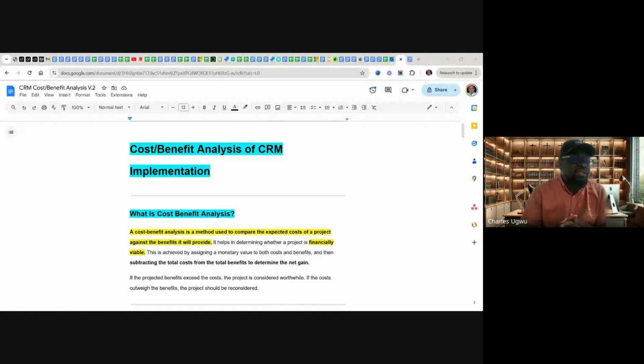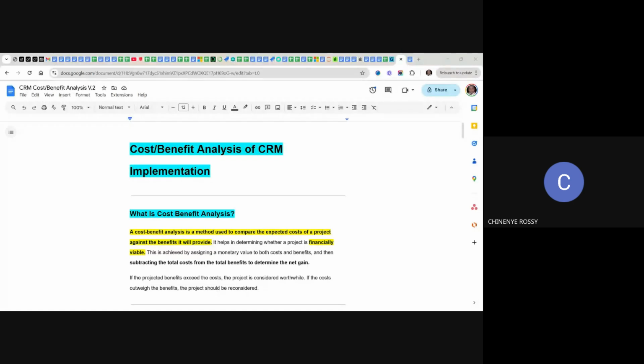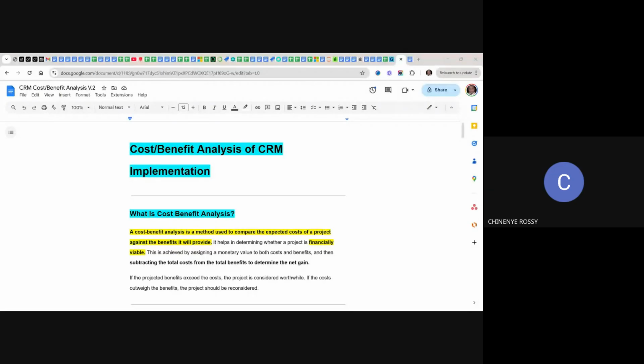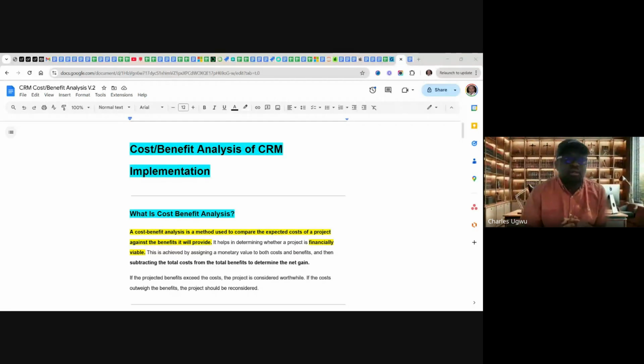But if it's negative, then the project is not viable. It doesn't matter the amount. The viability of a project depends on whether it's positive or negative. Once it's positive, it's viable, even if it's 1 cent.